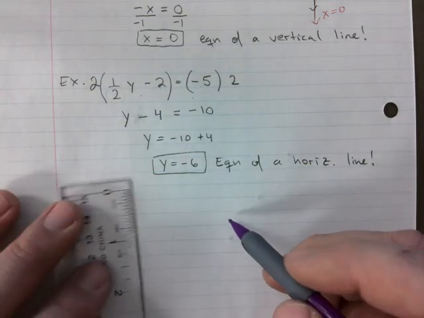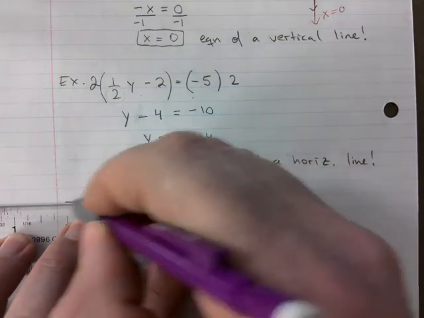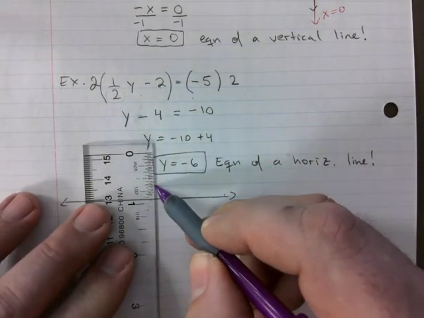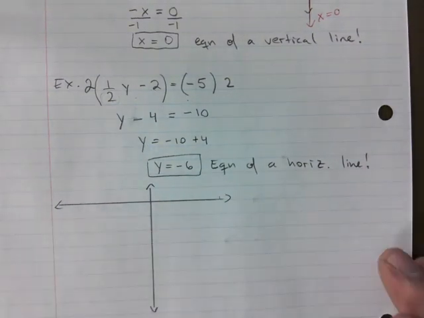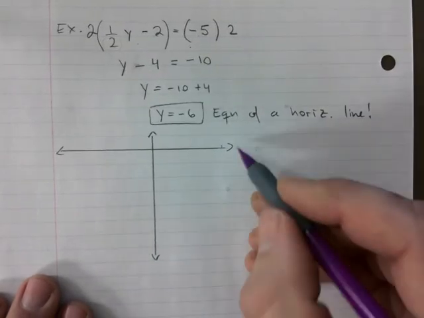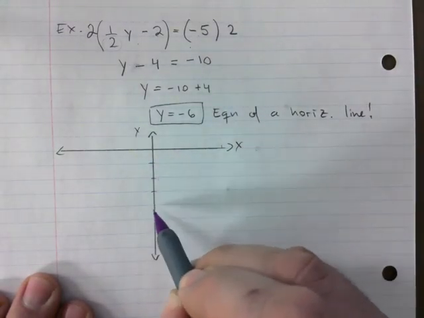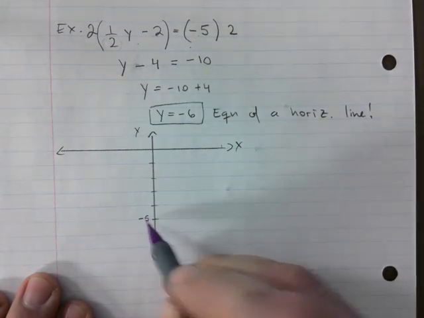And I need a bit of room here, so watch what I'm going to do. I'm just going to do the x-axis here and then just focus more on the negatives, because I know what's happening here, right? So it's x and y. So this is 1, 2, 3, 4, 5, 6. So this is negative 5 right about there.